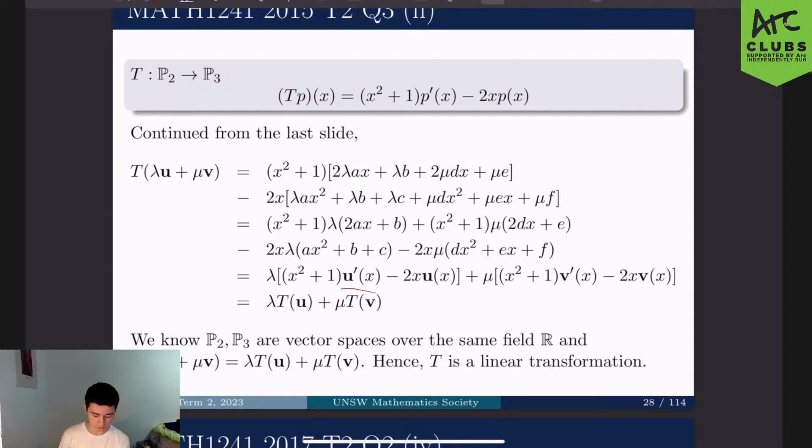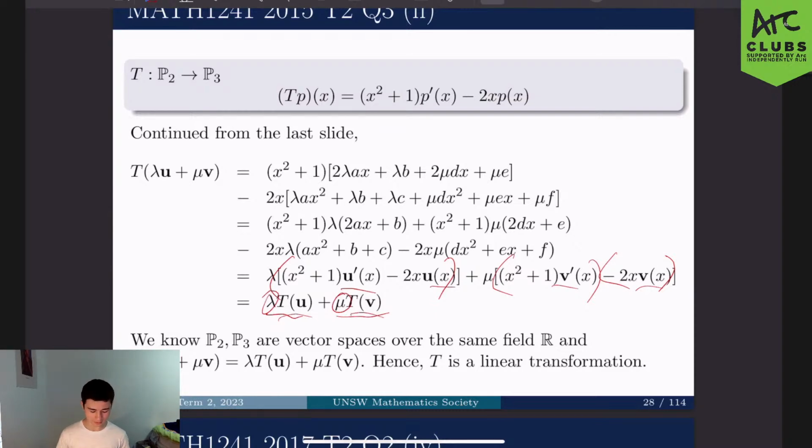So we have u and u dash. So this here is going to be T of u, because we have x squared plus 1 multiplied by u dash of x, and so on. And similarly for v of x. We have all of our terms in the right places, and we can just condense it down into, fundamentally, what we wanted. We wanted lambda, mu, multiplied by their respective transformations.